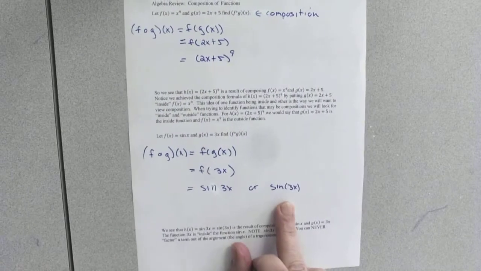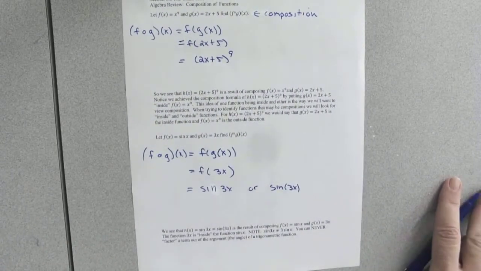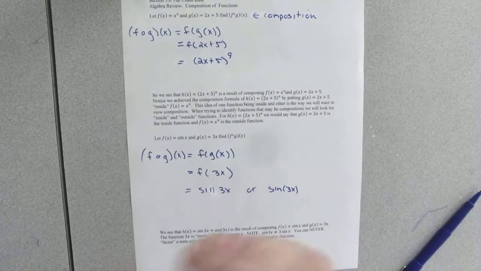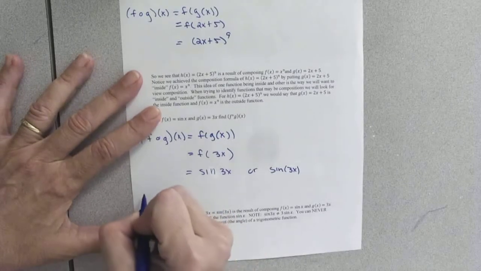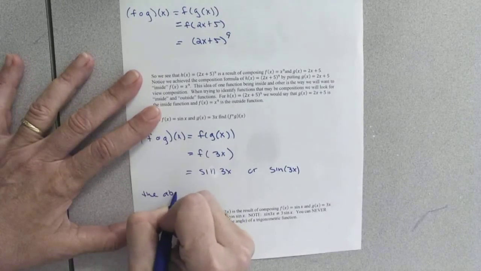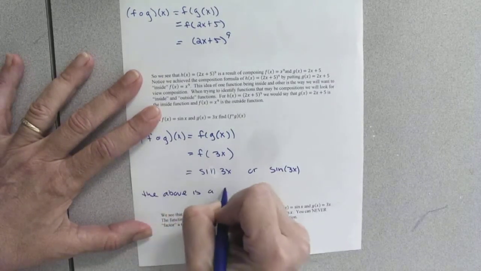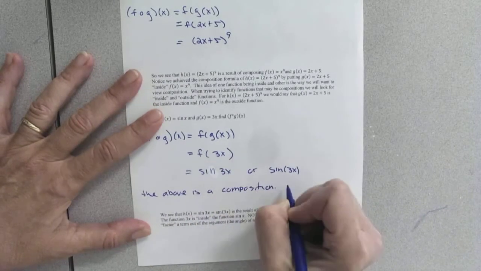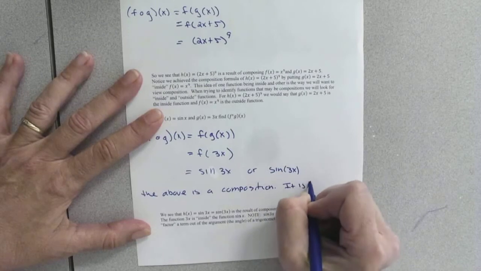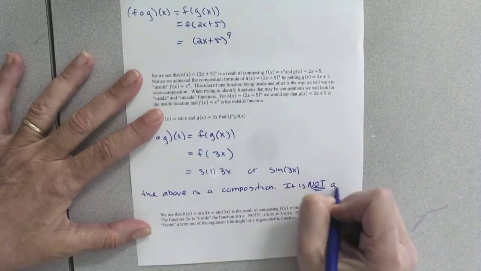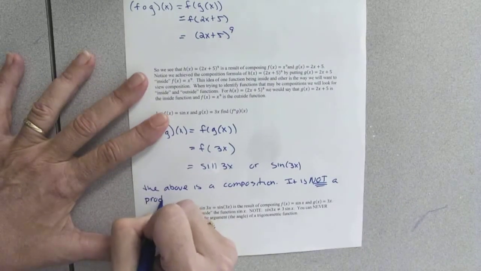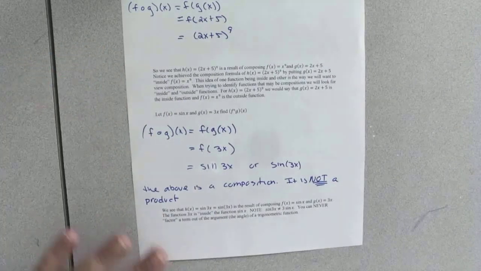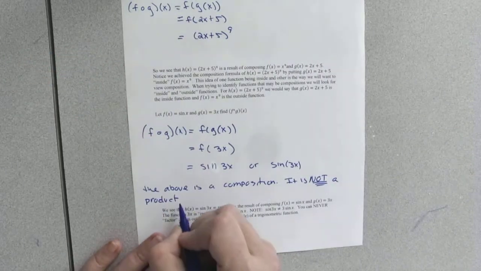But my point to doing this one is that this is a composition. 3x is inside the sine function. The above is a composition. It is not a product. It is not sine times 3x.